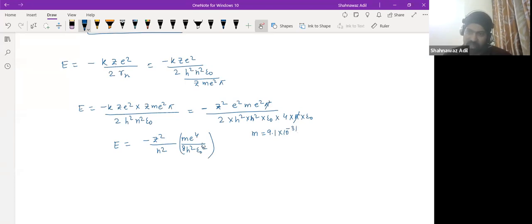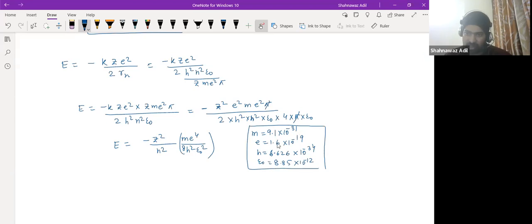And e is 1.6 into 10 to the power minus 19, and h is 6.626 into 10 to the power minus 34. Epsilon naught, you guys please check all these values, right? What are these values? So epsilon naught is 8.85 into 10 to the power minus 12. So if you put back all these values, please check these values. Maybe I can be wrong.